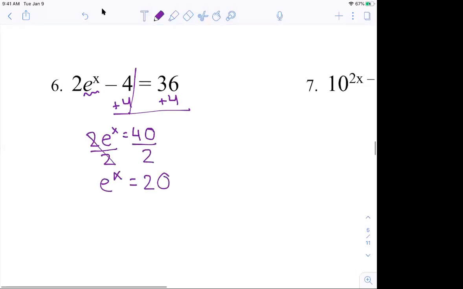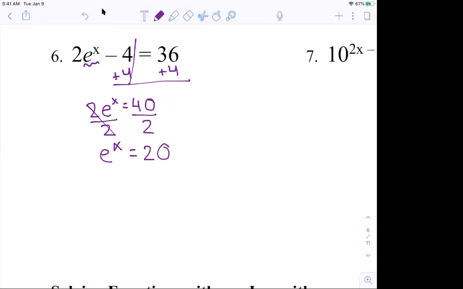And now I'm going to convert this to log form. Whoa. Since it's an e, I hope you're thinking I have to use natural log, because the partner to e is natural log. So natural log, base e, of 20 is equal to x. You don't have to put that e there if you don't want to, up to you, but it's automatically always there. So in your calculator, you just have to type in natural log 20 because that e is always there in your calculator as well.